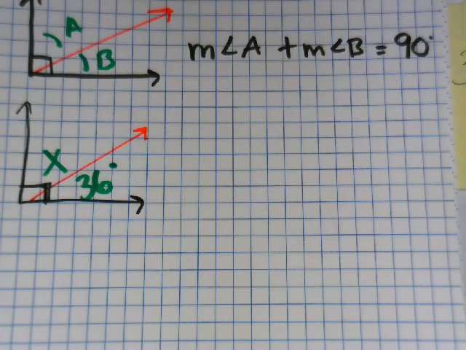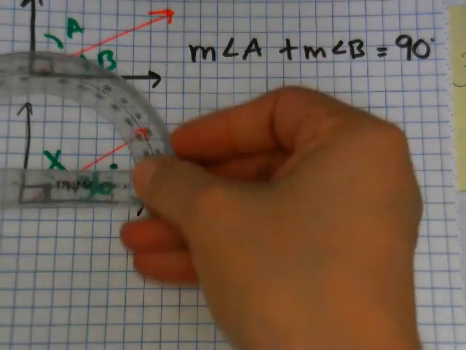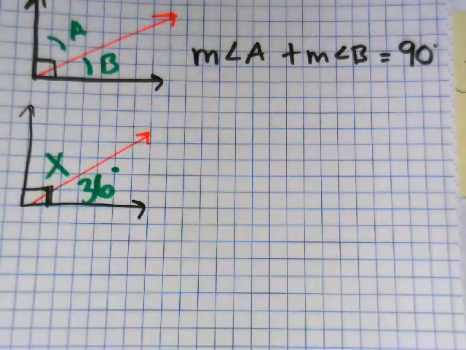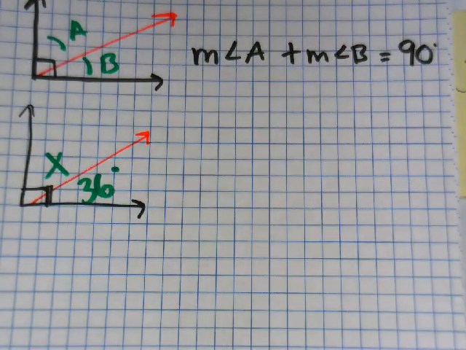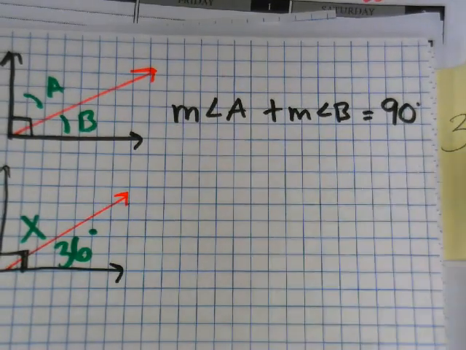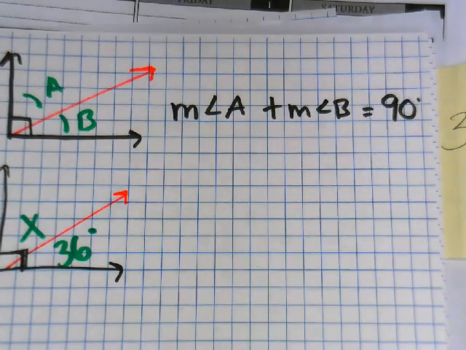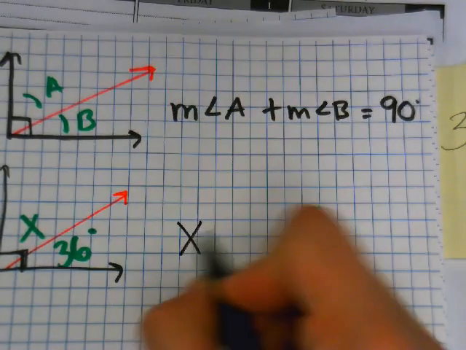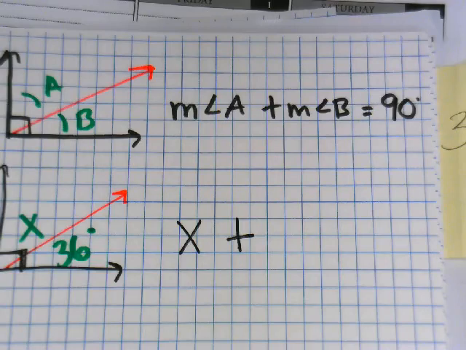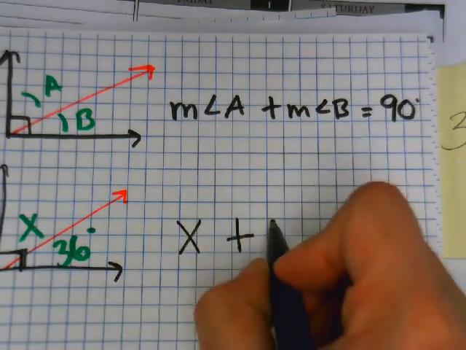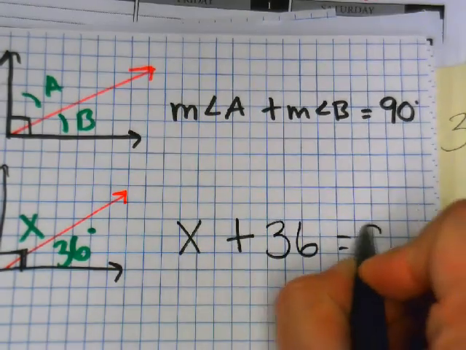I don't give you a protractor, and you can't use one of these. So X plus 36 equals 90. What we do is we use this equation. Do I know A? No, it's X. Plus what is B? 36. Equals 90.